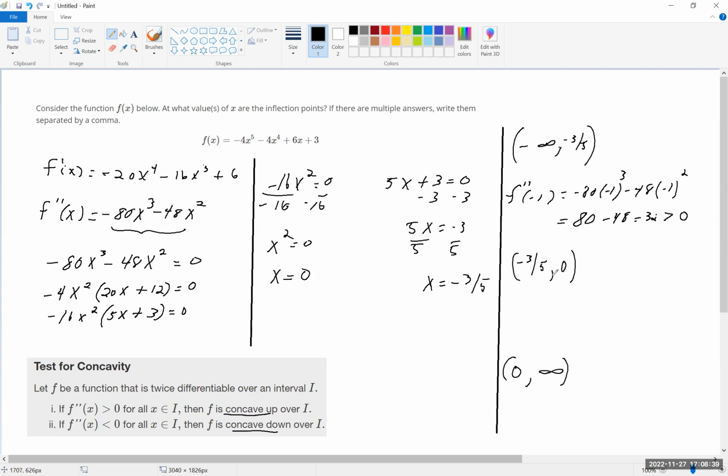So why don't we try, say, -1/2. So -80 times -1/2 to the third power, minus 48 times -1/2 squared.